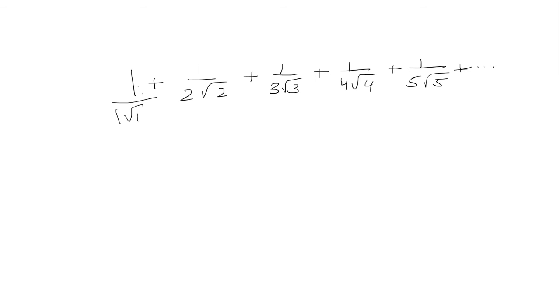This would help us figure out what the pattern is. So the first case would be n equals 1, n equals 2, etc. So that would just be 1 over n times root n, starting from 1 to infinity.